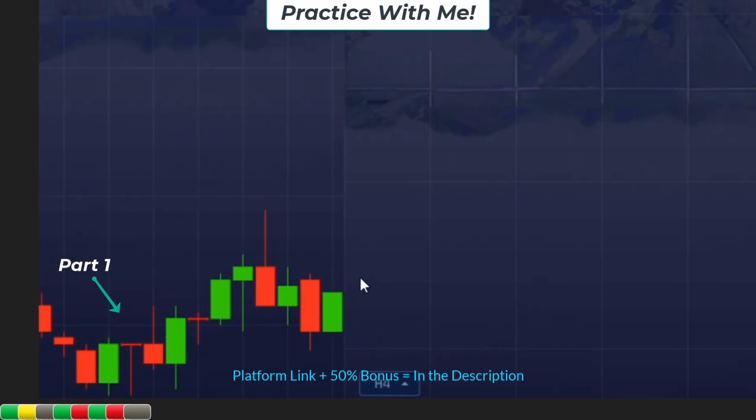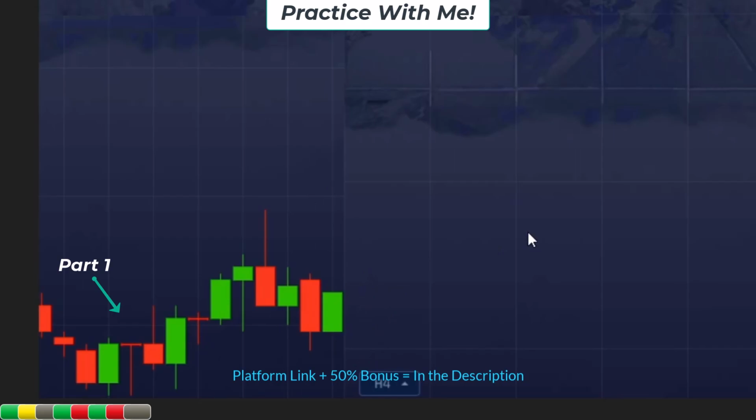But here it doesn't close anywhere. There's no level. These are the color change levels, and for now there's no level to go for a reversal trade, and for a supporting trade we cannot go with the sellers, because this is a red green pattern and we might have another red. So this is 50-50, and we're not going to take any trade here. We're going to wait.